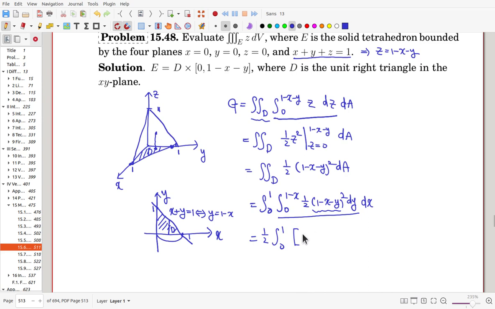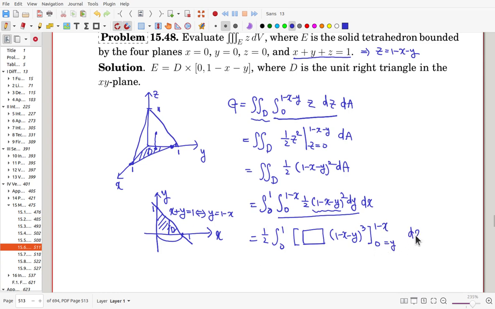That is some coefficient, and the major part will be 1 minus X minus Y cubed, and we'll evaluate from 0 to 1 minus X. Of course, here these are Y values, Y from 0 to 1 minus X.